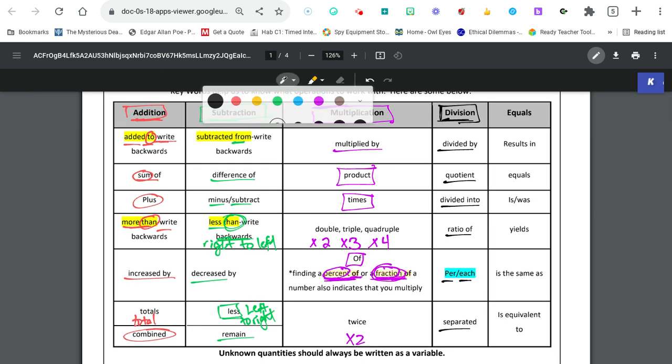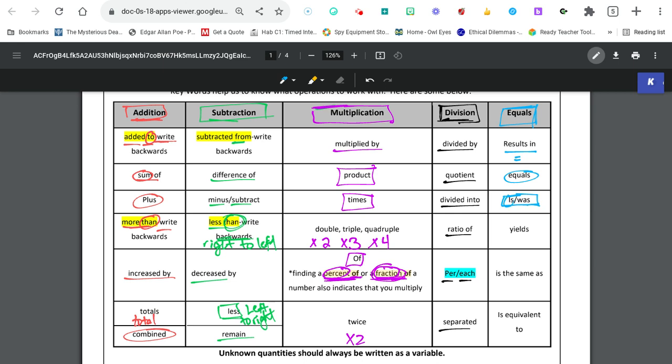Now these are things you're maybe not used to. Equals. If something results in something, that means it's equal to it. Of course, equals means equals, guys. These are the big ones you're going to see. Is or was. If you see the word is or was, it can mean equal.